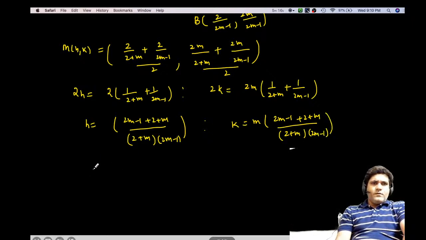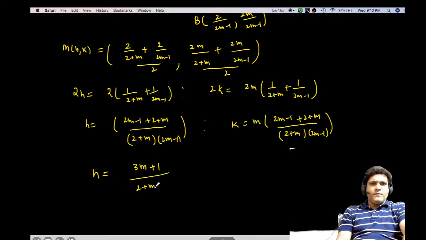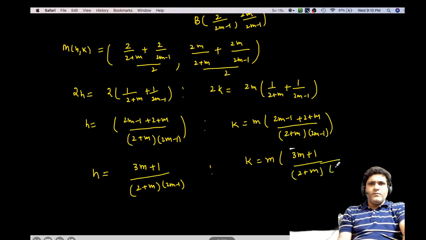So this h is equal to 2m plus m, that is 3m plus 1 by 2 plus m into 2m minus 1, comma, k is equal to m times 3m plus 1 by 2 plus m into 2m minus 1.